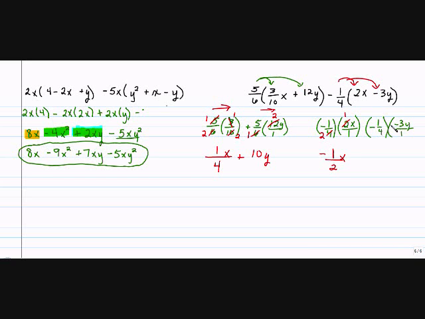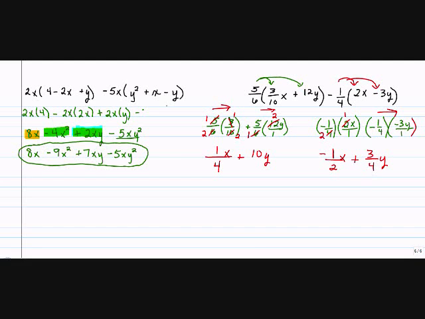Now, I can't cancel anything out here, so I simply multiply. Negative 1, negative times a negative is a positive. 1 times 3 is 3, and 4 times 1 is 4, and that belongs to the y family.